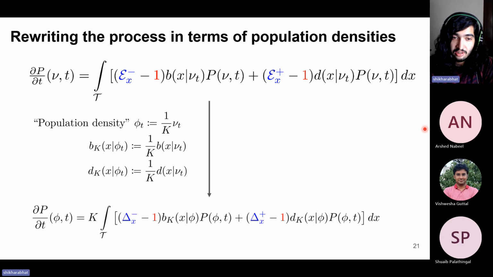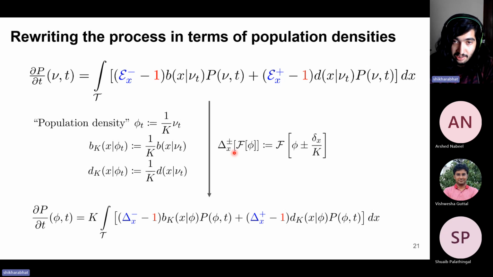And so we can just define new step operators, which I've called capital delta plus or minus, which describe, given any functional, how this functional would have behaved if the population differed by delta by k. And in these terms, we can rewrite the master equation.